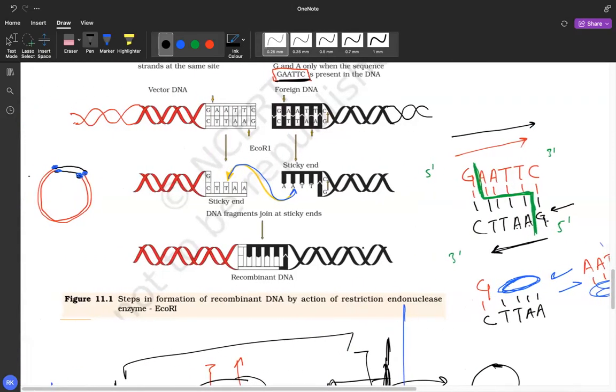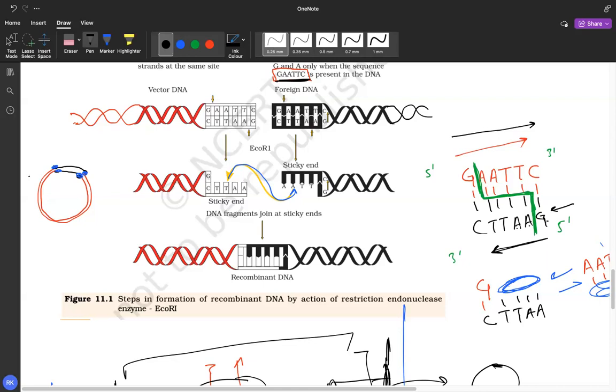Because DNA is not a single strand, DNA is a double strand. So when I say palindrome, one strand will be one side and the other strand will be another direction. This also gives us a fair idea when we look for sites in the DNA that can be cut using restriction endonuclease. We often look for palindromes.